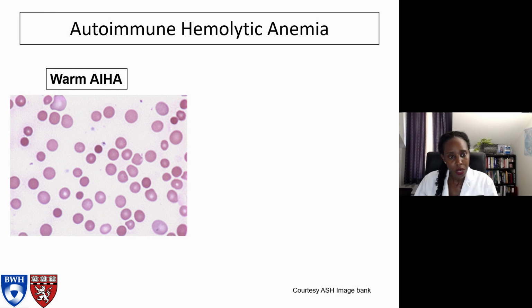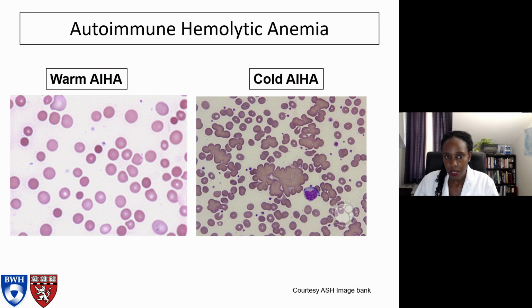The peripheral smear in warm autoimmune hemolytic anemia shows spherocytes, and the peripheral smear in cold shows agglutination. So IgM, which is responsible for hemolysis in cold autoimmune hemolytic anemia, is so large that it binds to more than one red cell, and agglutination is caused.